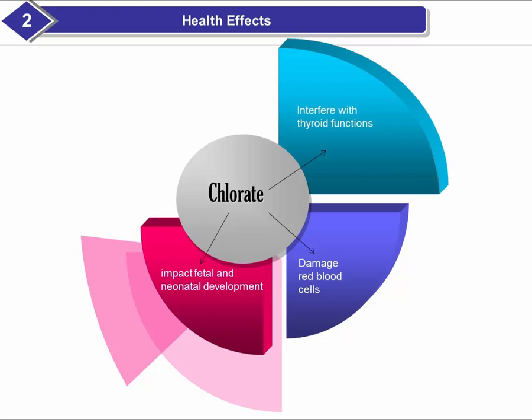People exposed to high concentration of chlorate in drinking water could experience effects of the thyroid, blood, and kidneys because it inhibits thyroid iodide uptake. People deficient in dietary iodide are most at risk of chlorate's thyroid effects, which in turn could impact fetal and neonatal development.